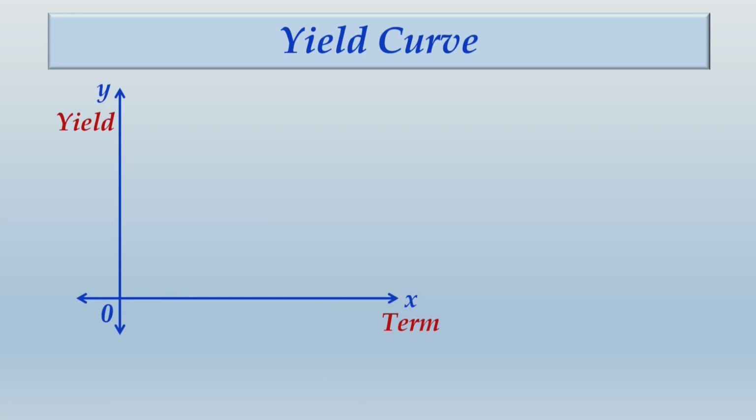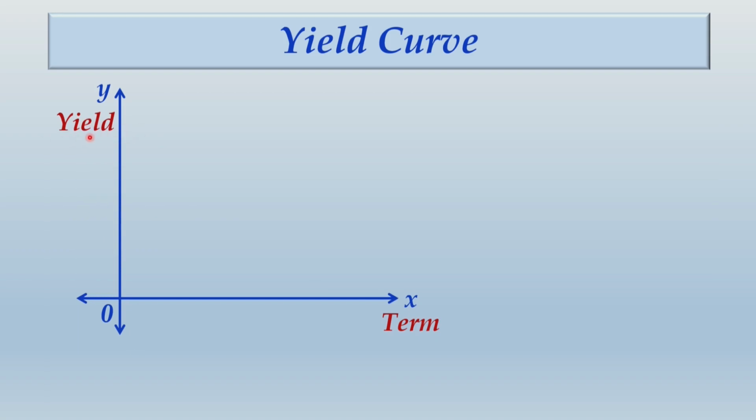Let us first try to understand how this yield rate and remaining term for maturity would create a yield curve graphically. So you can see graphically on the x-axis we have taken the term. This I am just writing as term. It is basically term remaining for maturity. This y-axis indicates the yield rate offered by the bond.